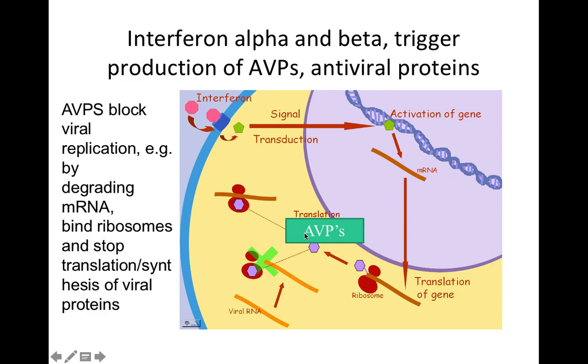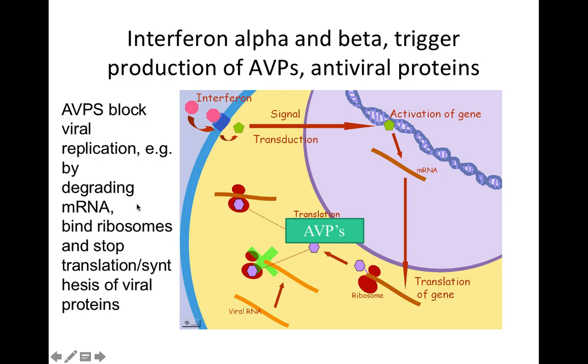So that first cell that set out the chemical alarm, the alpha and beta interferon, might be killed by the viruses, right? But when the newly replicated viruses come and bind to the neighboring cells, those cells are already awake. They're already activated. They're chock full of these antiviral proteins. So even if they're invaded by the viruses, the antiviral proteins will stop the viral replication.